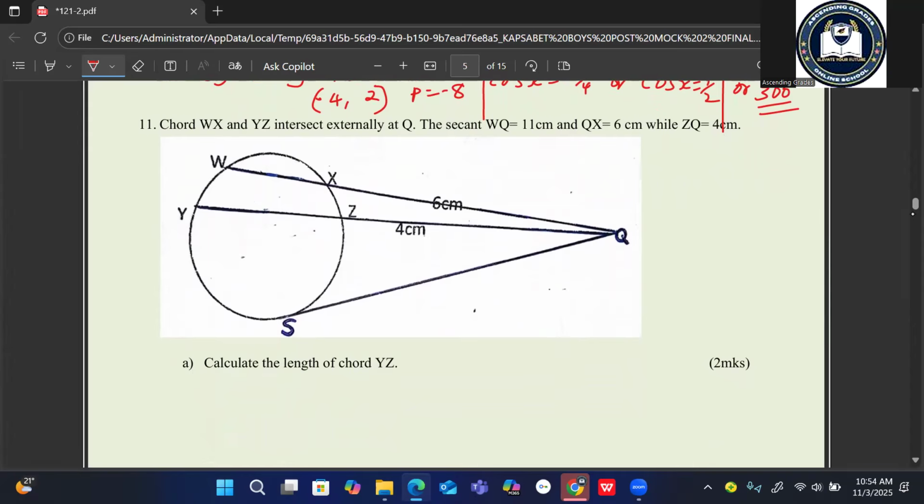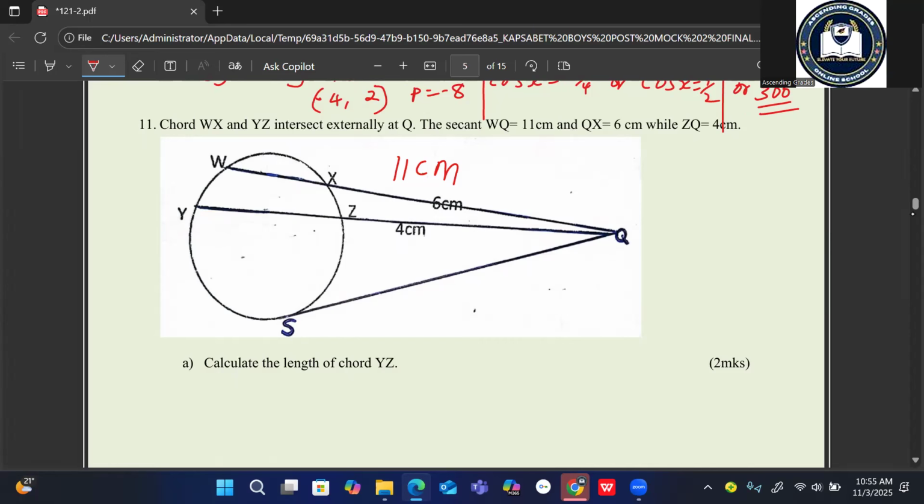So chords WX and YZ intersect externally at Q. WQ, all of it, is 11 centimeters, and QX is 6 centimeters.